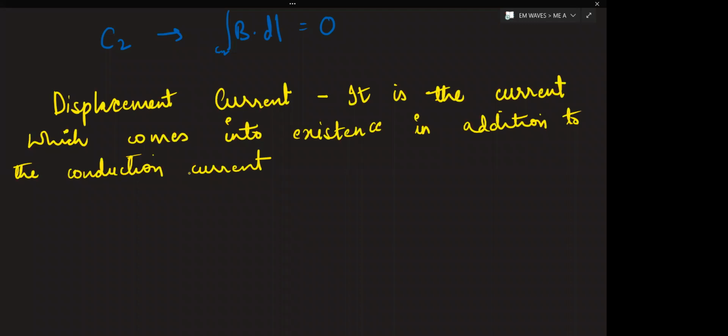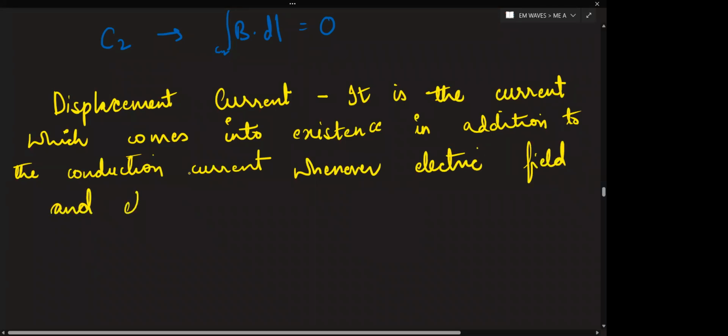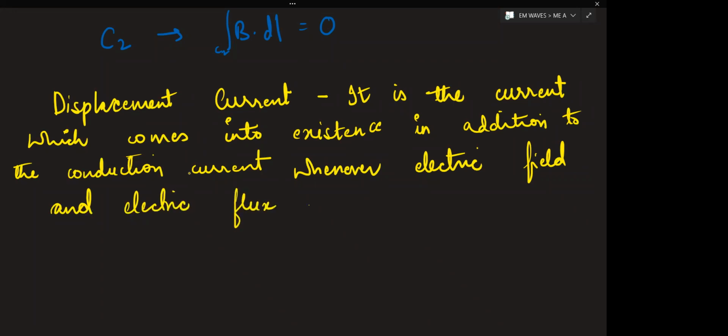Because it comes into existence in addition to the conduction current whenever the electric field, and therefore the electric flux associated with it, changes with time.